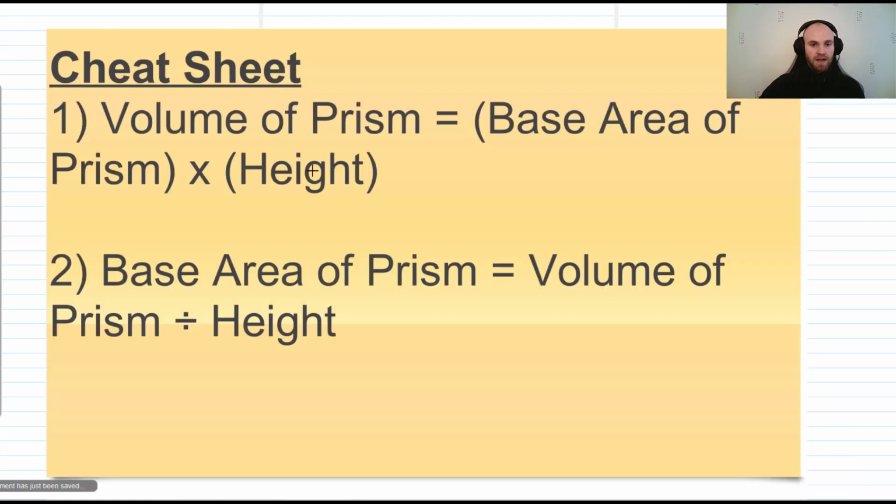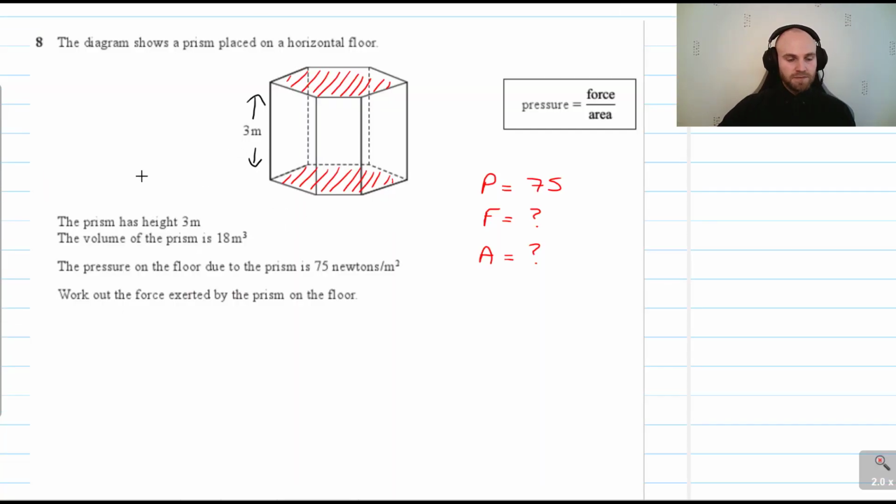Okay. And what we could do here is just rearrange this formula. So if we have the volume of the prism equals the base area of the prism multiplied by the height, we could rearrange this formula to be the base area of the prism equals the volume of the prism divided by the height. And this is what we are going to use to find the base area.